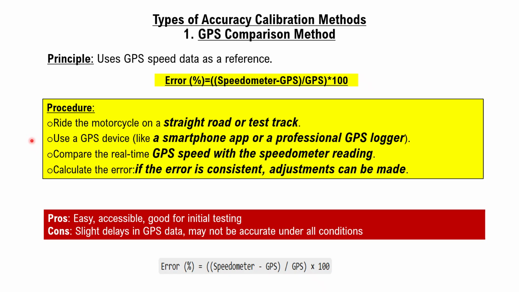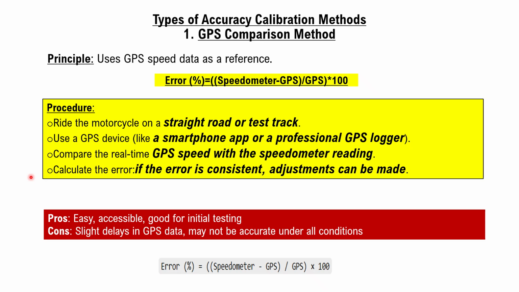Use a GPS device like a smartphone app or a professional GPS logger. Compare the real-time GPS speed with the speedometer reading. And finally, calculate the error. If the error is consistent, adjustment can be made.